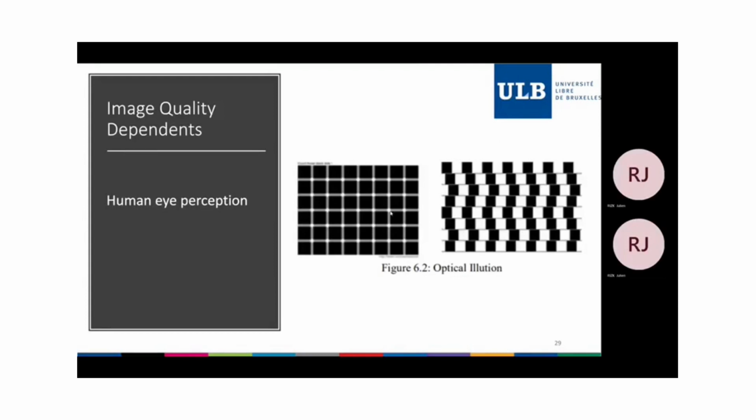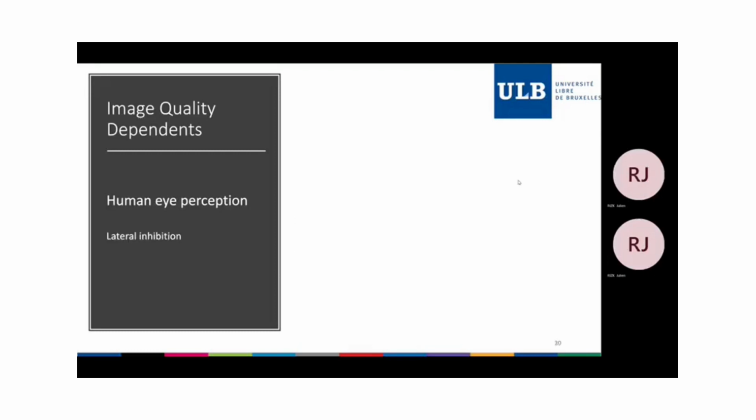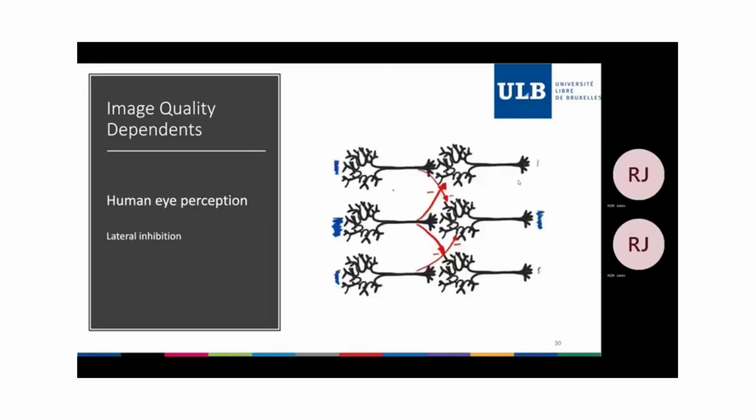In the first image, when you look at the white point, you could see the other points suddenly become black. In the second image, you could believe that the lines are diagonal, but in fact, they are not. This is the phenomenon of lateral inhibition, where each neuron will influence its neighbor.